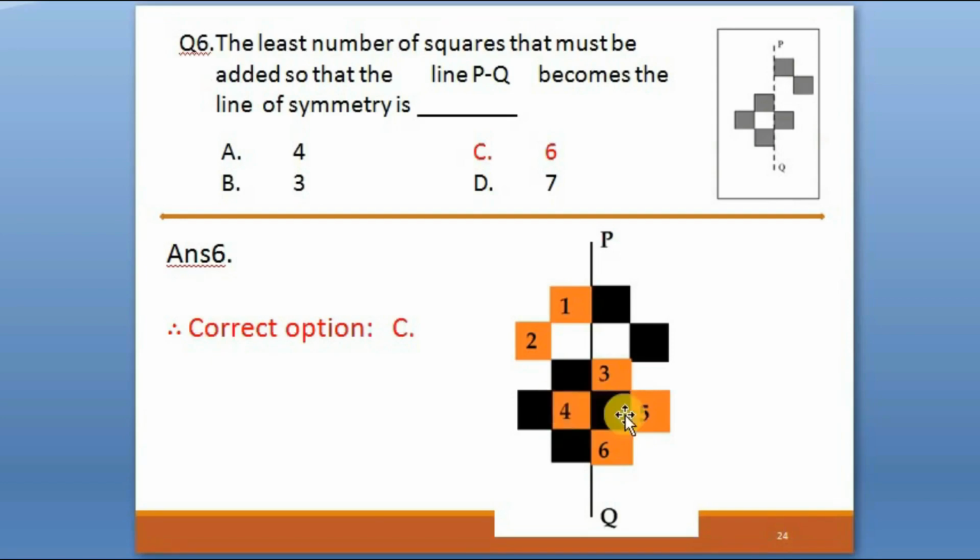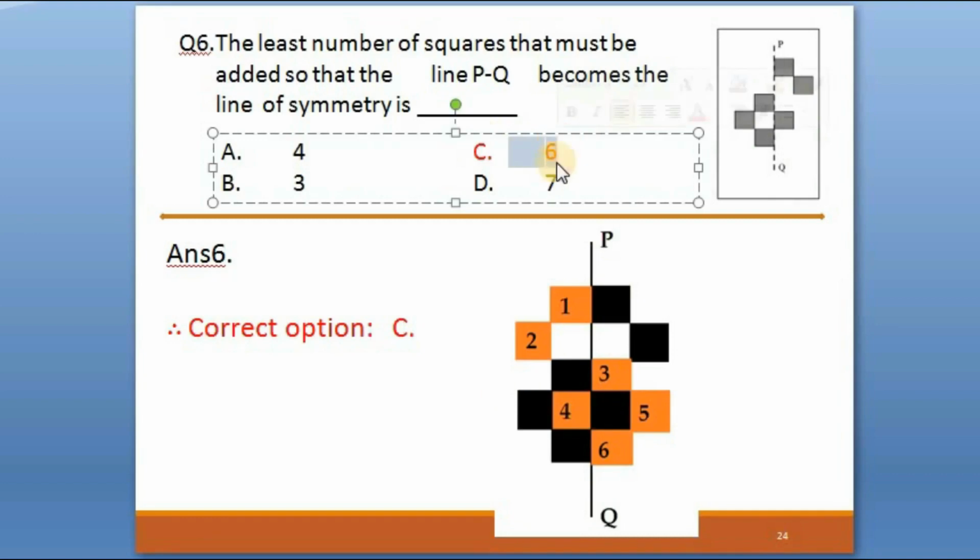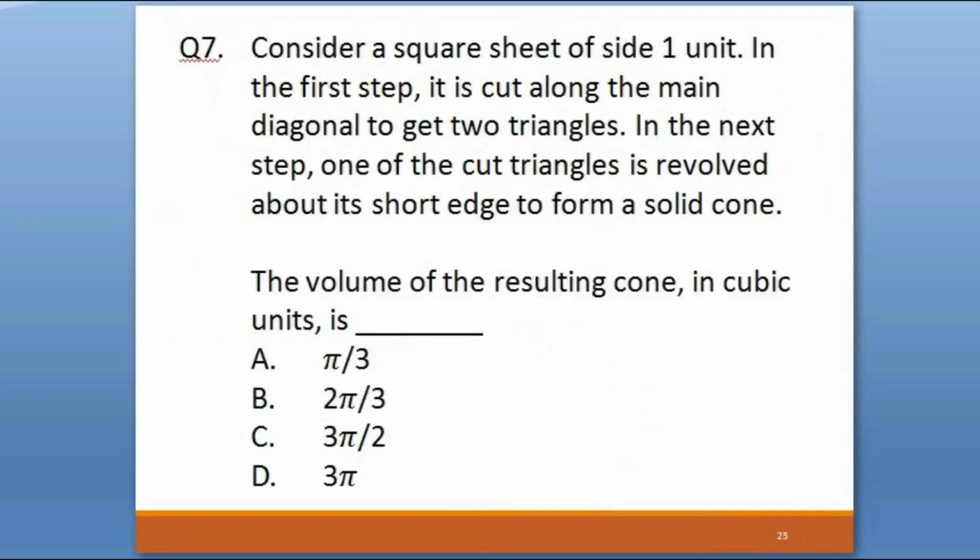And similarly black is given here, so we will add here fifth block, right? And sixth block is given on the left side, so we have to add the sixth block on the right. So in this way, by adding the 6 blocks, we can make the shape of both sides symmetric, right? So out of these options, option C, that is 6, is the right answer. Now let's move to the next question.